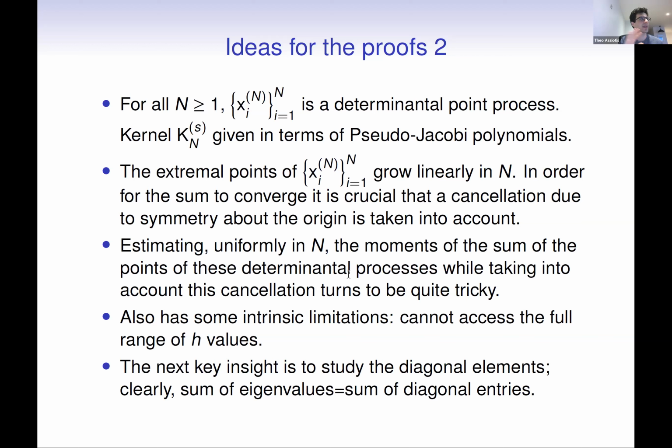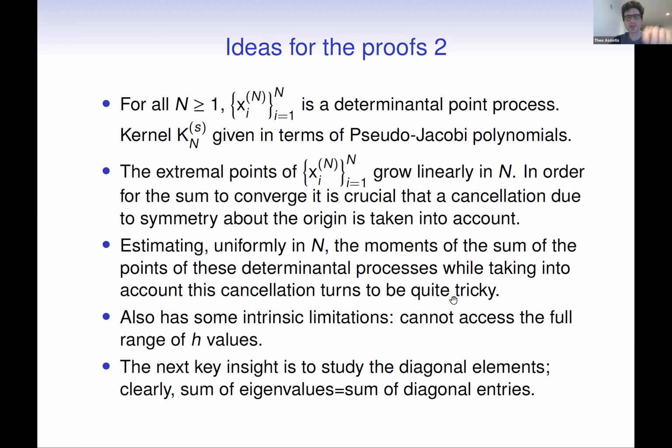If you don't care about the cancellation, then it's kind of easy, because you can use Hadamard's inequality, and then it boils down to an estimate of the kernel on the diagonal, K_n(x, x). You can use estimates for the polynomials, and you can do that. But you want to take the cancellation into account, so it is trickier.